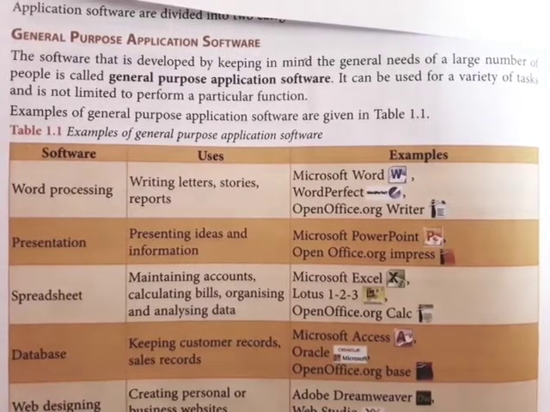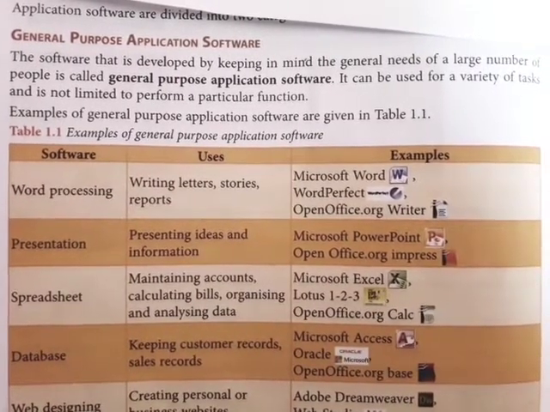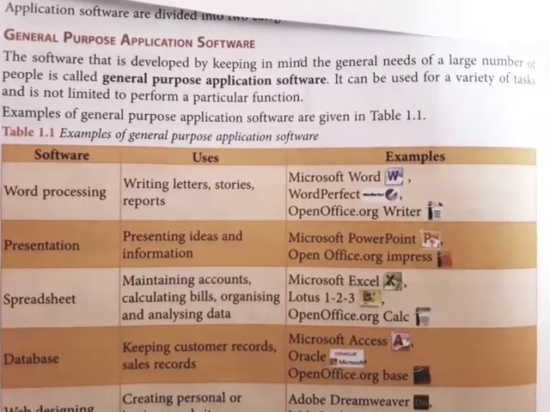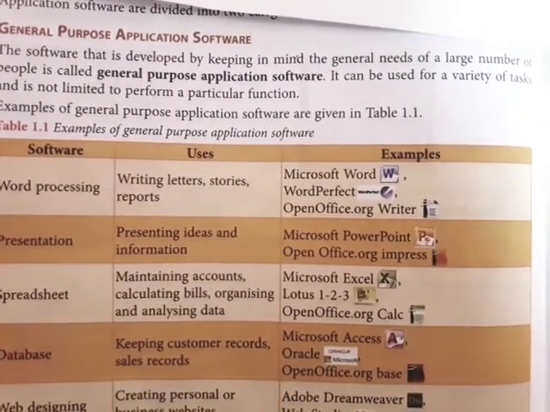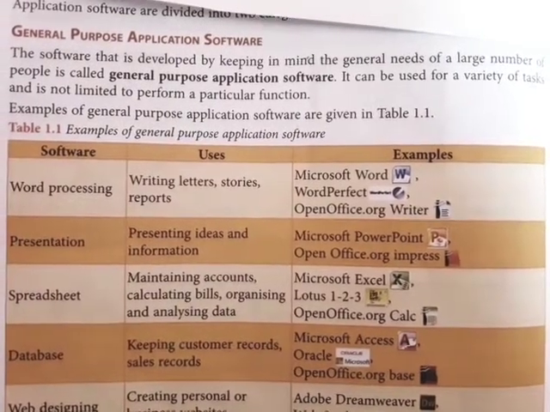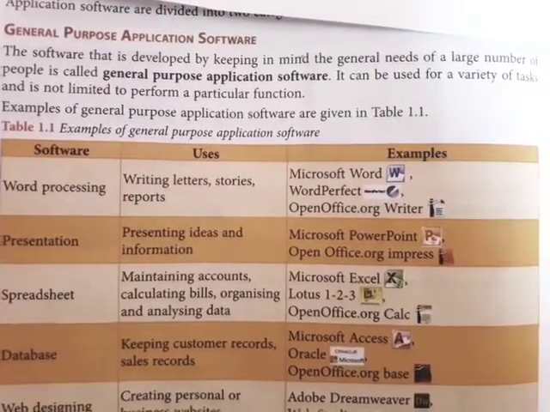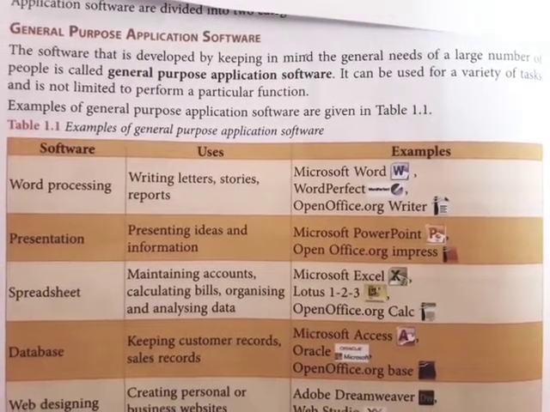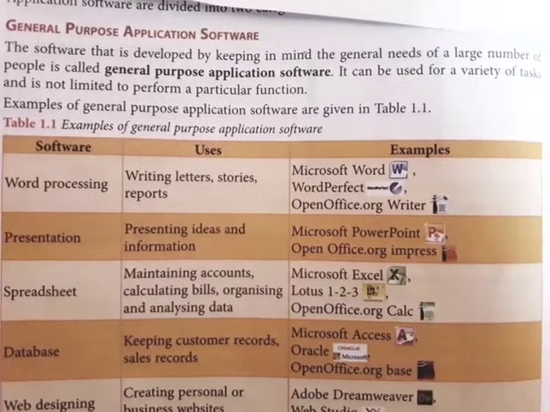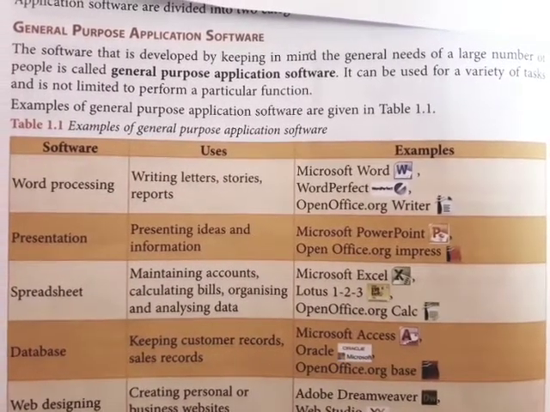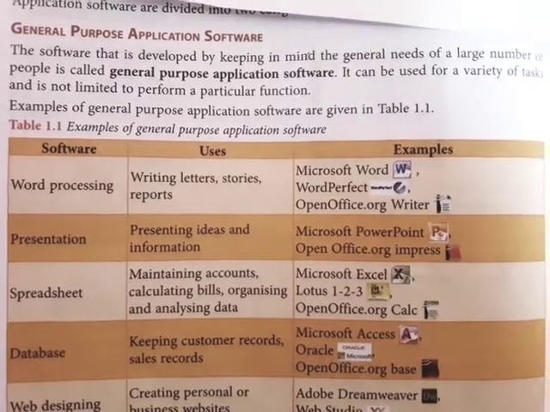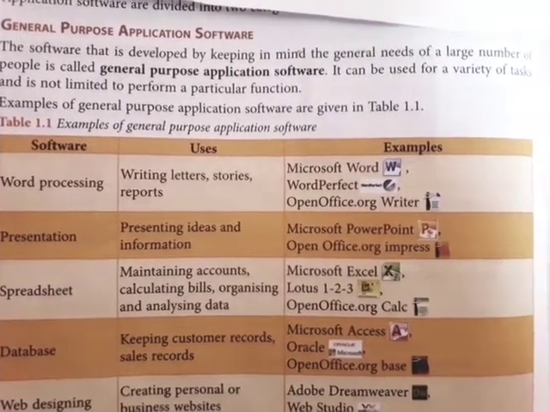General purpose application software. The software that is developed by keeping in mind the general needs of a large number of people is called general purpose application software. So dear students, those softwares which are made for general use by a large number of people are called general purpose application software.